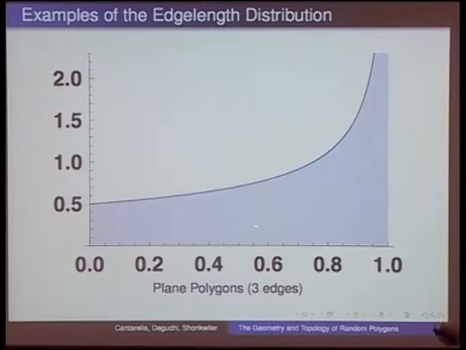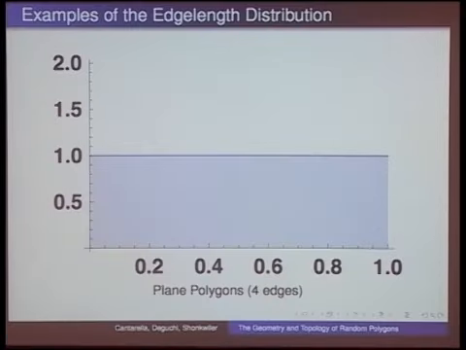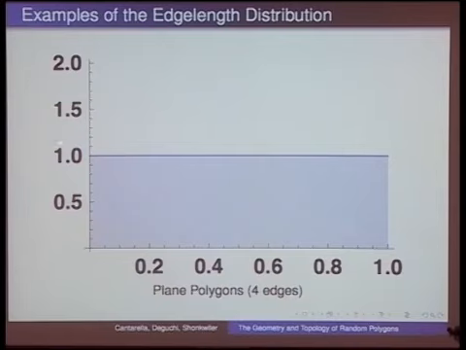Okay, here's planar triangles. It has this funny distribution. This is my favorite, planar quadrilaterals. So in our model, planar quadrilaterals, which are the very special manifold G2R4, right? 2 planes in 4 space, which is a manifold that everyone loves for any number of reasons, has the uniform probability distribution.